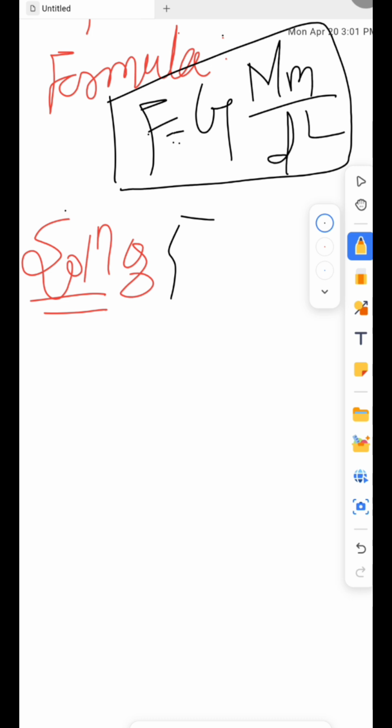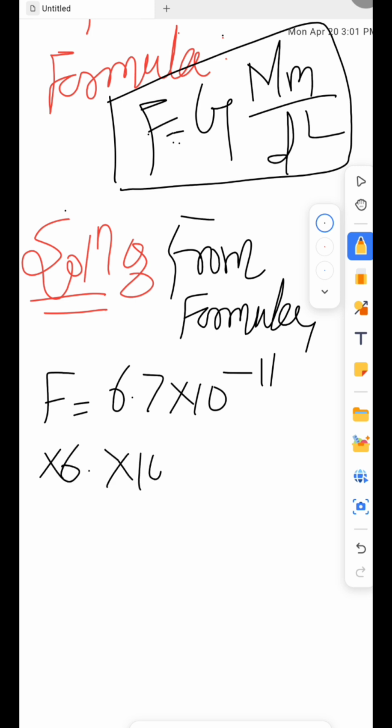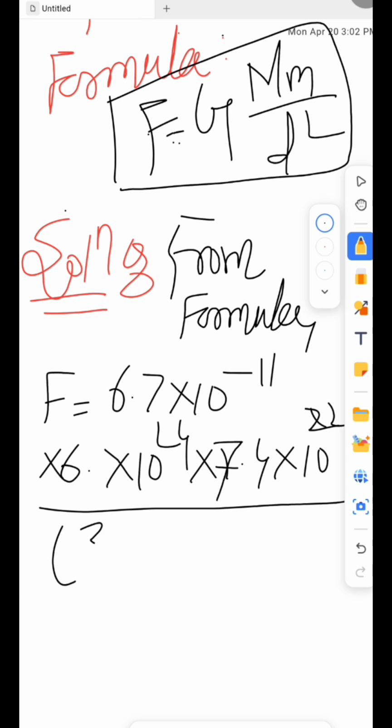We will write here, from the formula, F equals, what is the value of G? 6.7 into 10 to the power minus 11, then capital M, into 6 into 10 to the power 24, and small m, into 7.4 into 10 to the power 22, divided by d square, which is 3.84 into 10 to the power 8 whole square.